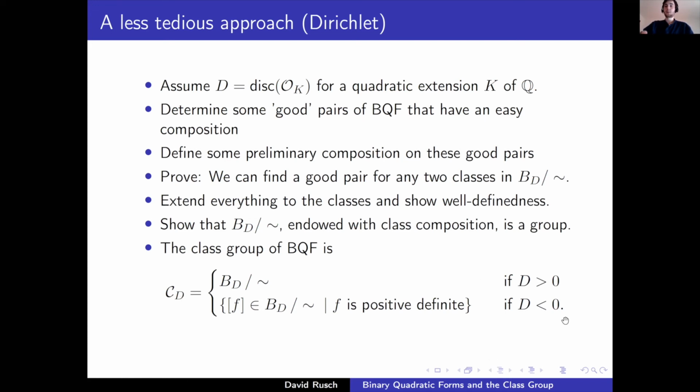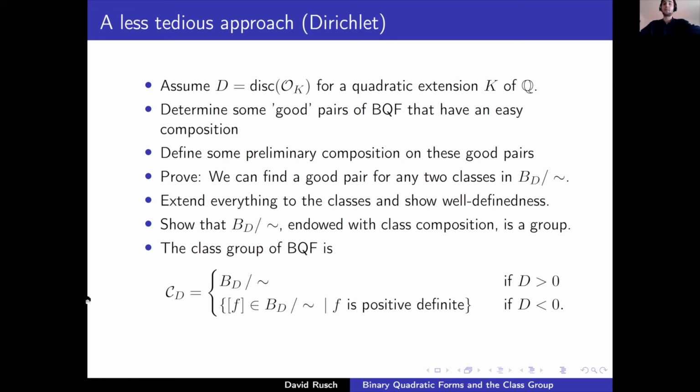But if the discriminant is negative, then we get some positive definite forms and some negative definite forms, and we only want the positive definite ones. This is not a big restriction because every negative definite form is just a positive definite form where everything is multiplied by -1. So there's no additional information about negative definite forms anyway. And for the correspondence theorem, this really only works well if we take positive definite forms.